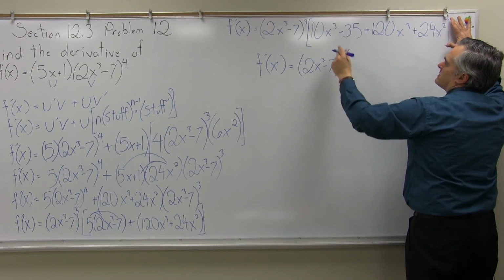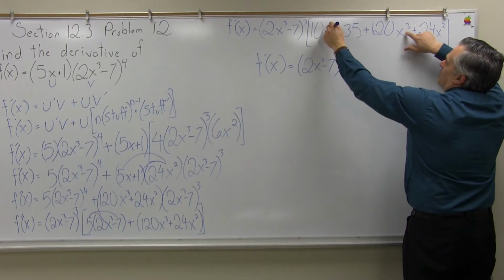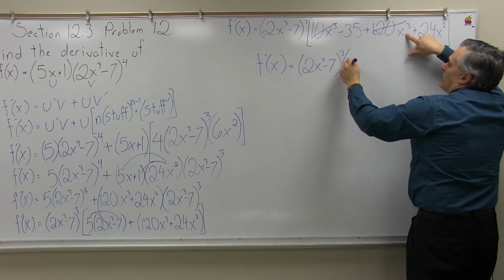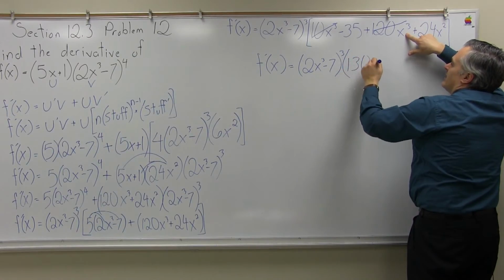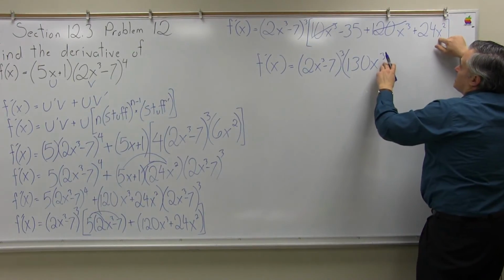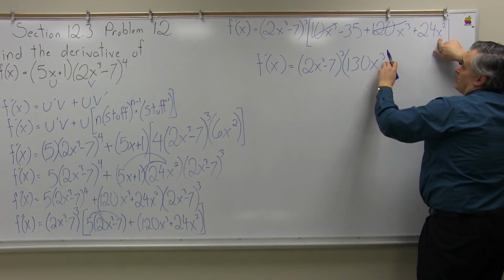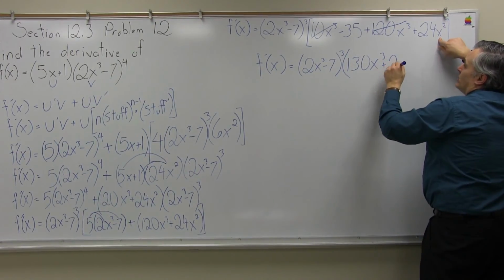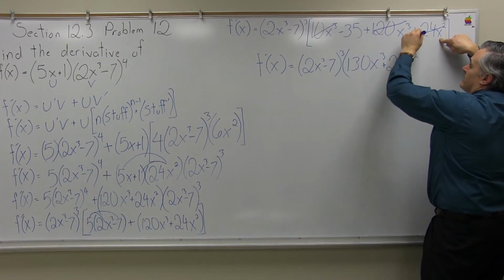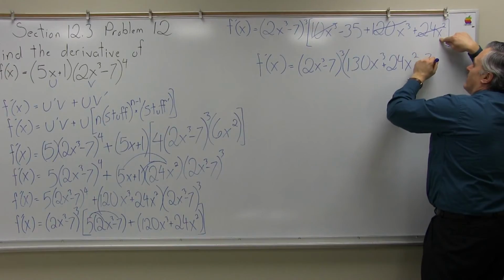You can make those parentheses too. So I have 10x cubed positive, 120x cubed positive. If I put them together, I'll have 130x cubed. And it's most traditional to put the x squared next. You don't have to, but I will. Plus 24x squared, takes care of that piece, and then minus 35.